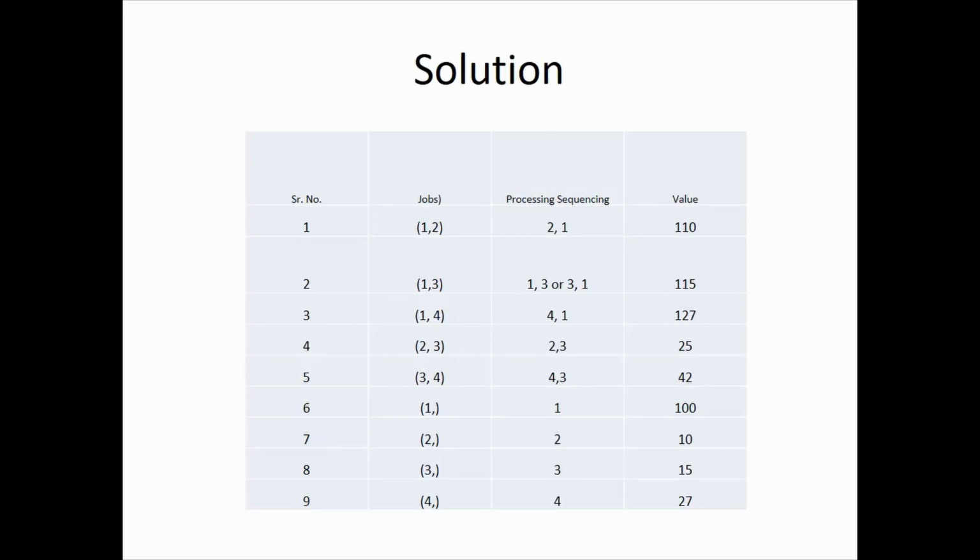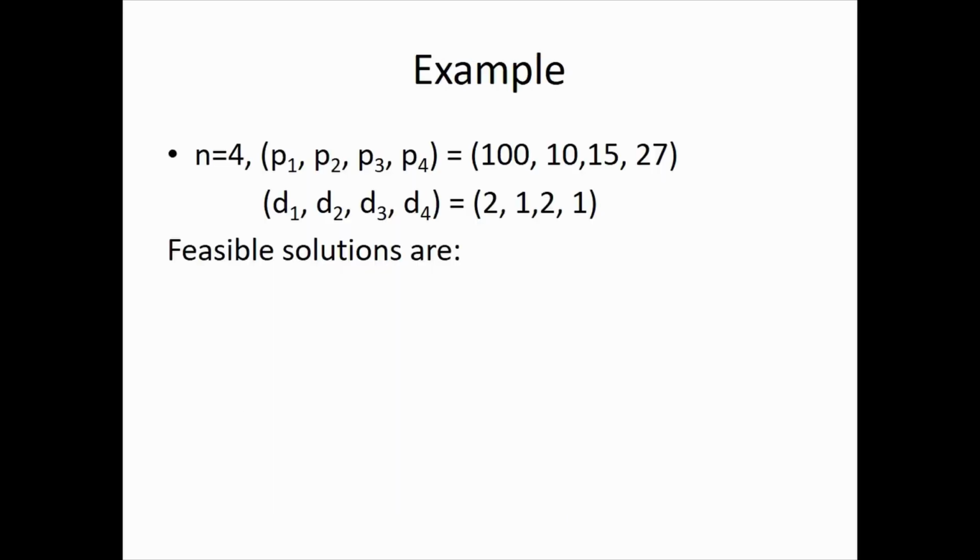If we have the processing sequence as 1 and 2, the deadline for job 2 is 1. So when we finish job 1, there will be no scope to execute job 2 because its deadline was 1.